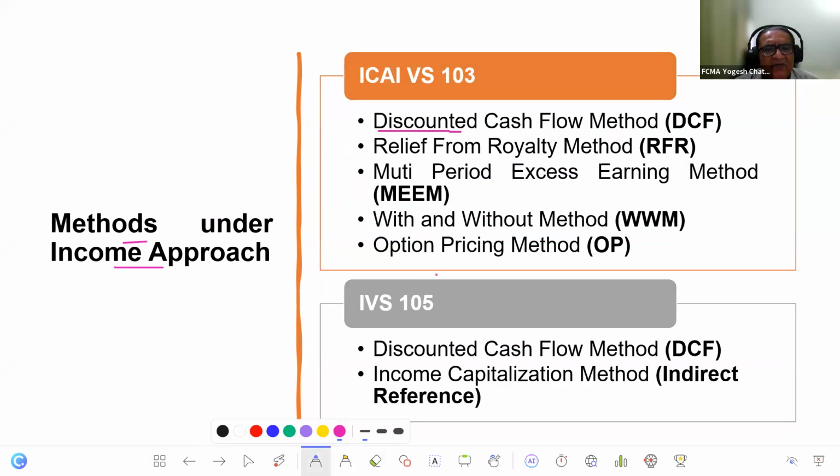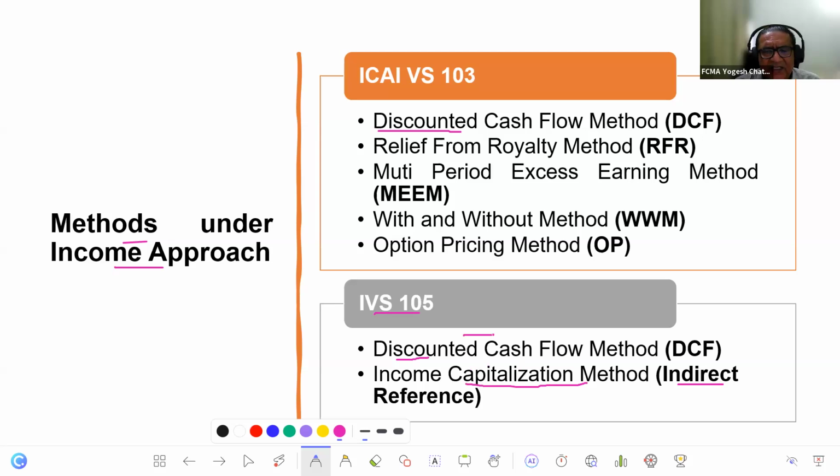DCF is common under both the ICAI valuation standard and the IVS, and then under IVS we have an indirect reference to the income capitalization method.